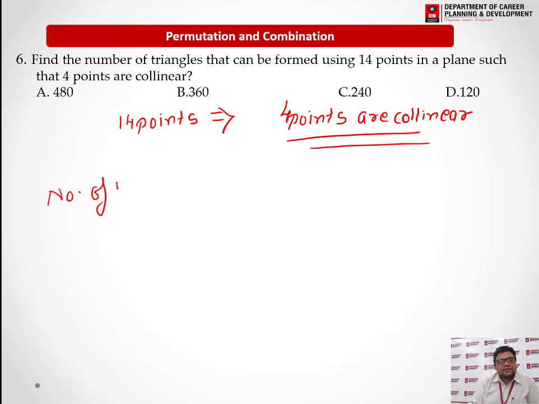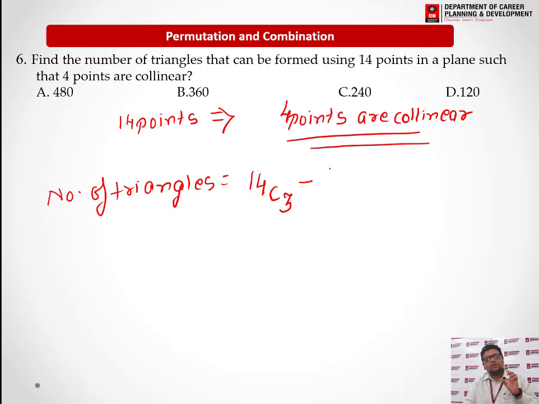In this case, the number of triangles will be equal to, firstly, 14C3. If all the points are non-collinear, then it will be 14C3. But we have to eliminate those cases for the points which are collinear. There are a total of 4 points which are collinear, and the number of triangles that can be formed out of those 4 points will be 4C3.